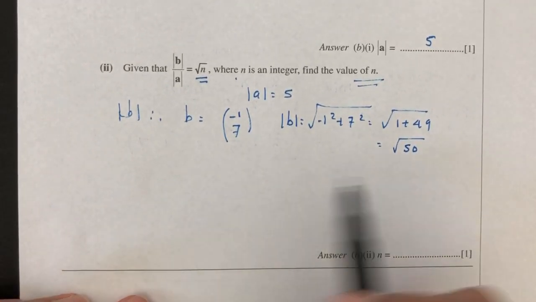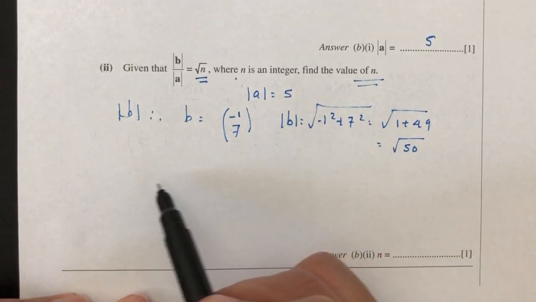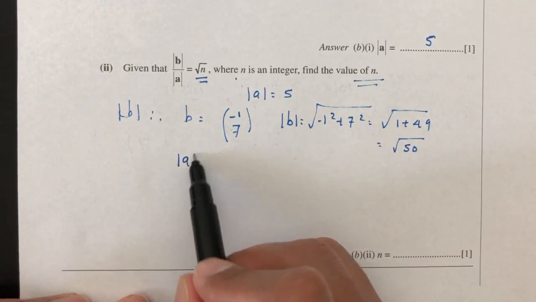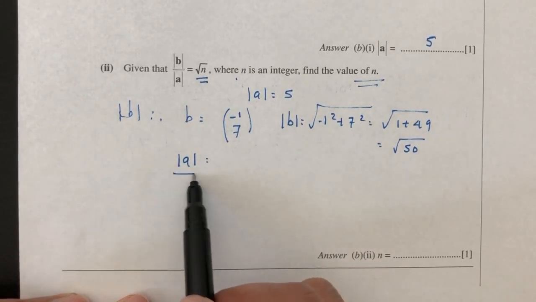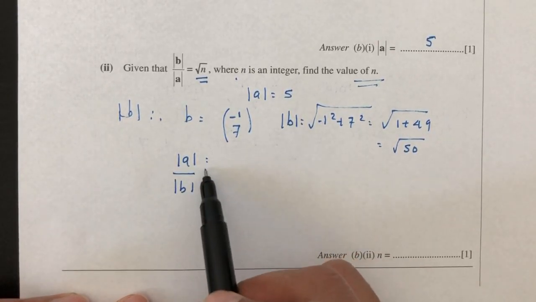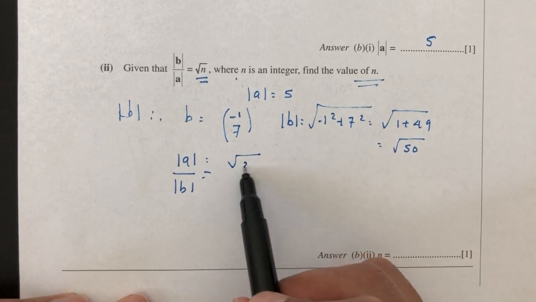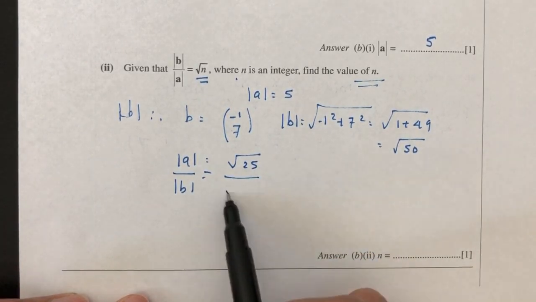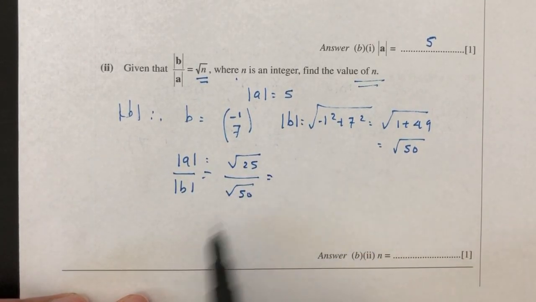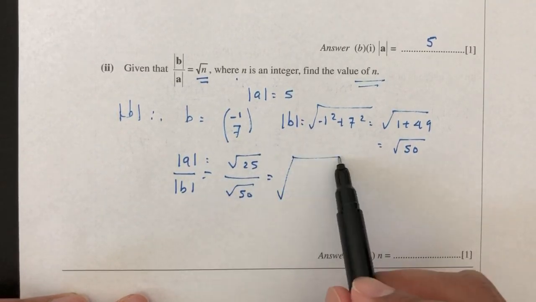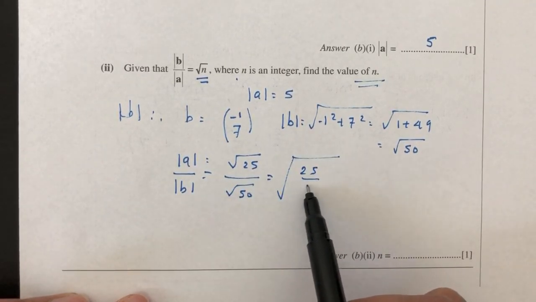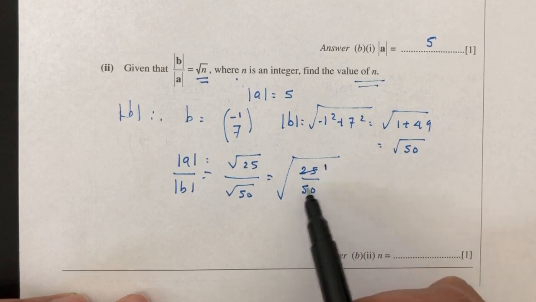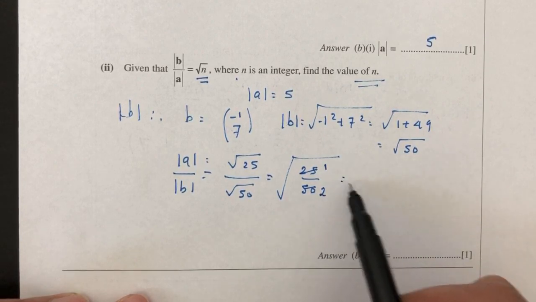So here, as we can see, A is 5, but you can write A down as square root of 25 over square root of 50. And if you make this a big square root, that becomes 25 over 50.